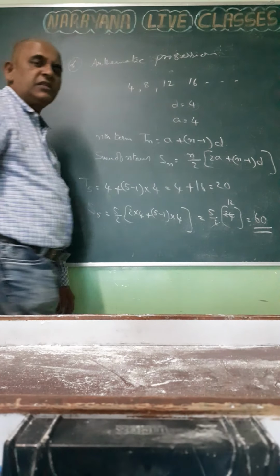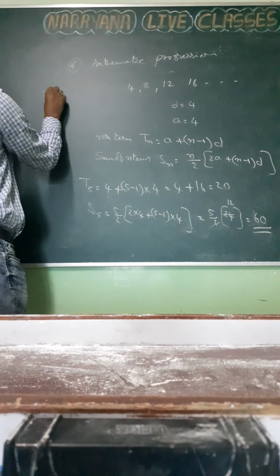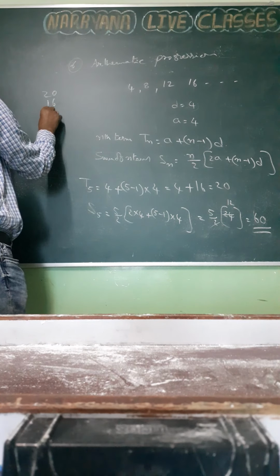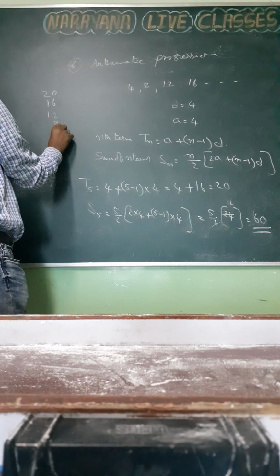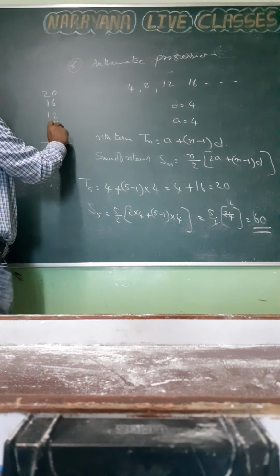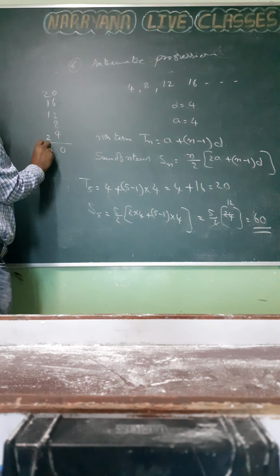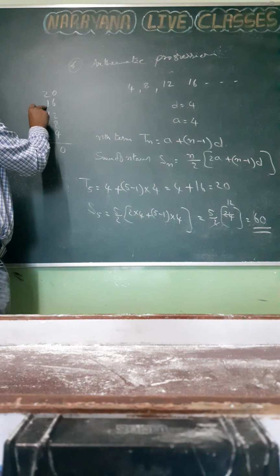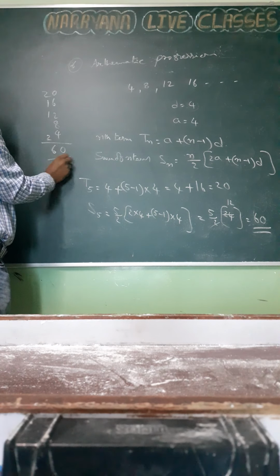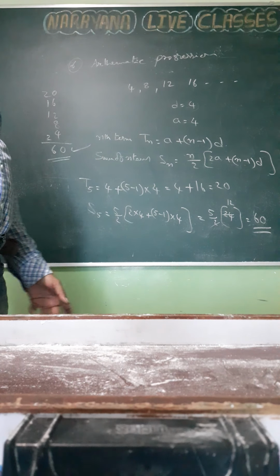Sum of 5 terms is 60. So let us check it. Next term is 20, 16, 12, 8, 4. The sum of the 5 terms: 12 plus 8 is 20, plus 16 is 36, plus 20 is 56, plus 4 is 60. So we got it. This is known as an arithmetic progression.